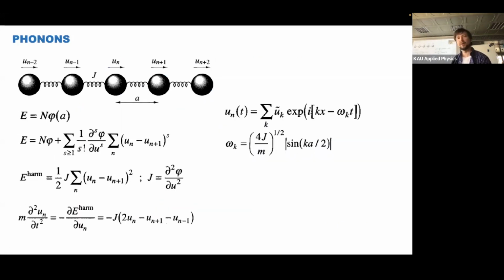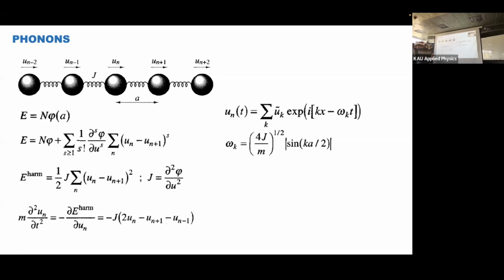I will shortly remind you what we discussed last time, because last time was 3 weeks ago. We discussed phonons, and I showed you the simplest model. In this model, we have a chain of atoms, balls, which are connected by springs.